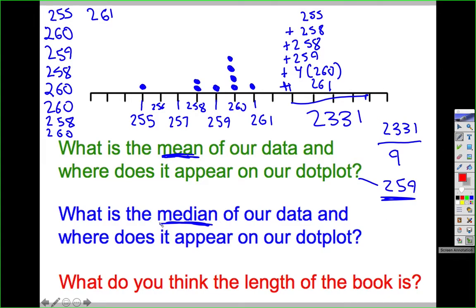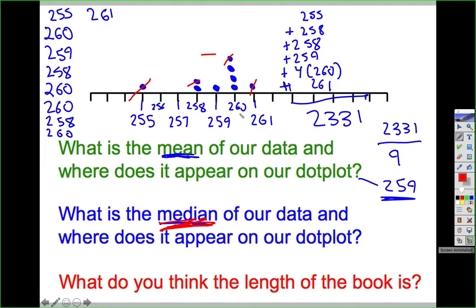The median is another measure of center, and it's for the actual center data point. So what you would do to find the median is you would say, I have 9 points on my dot plot, and you would typically cross off the lowest with the highest. And then you would cross off the second lowest with the second highest. These are the same numbers, so I just pick one.